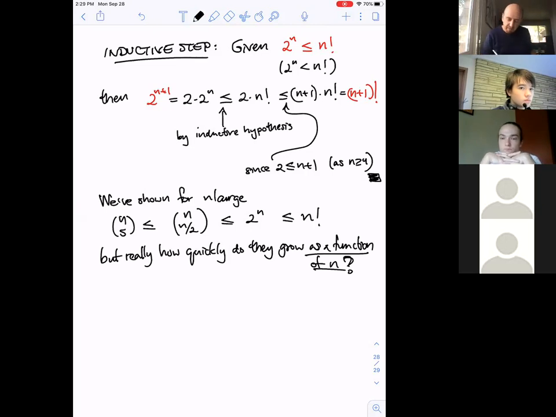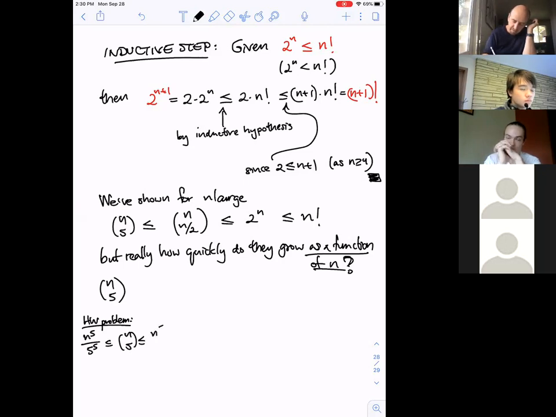So first of all, one of them is really on your homework. Let's start with the n choose 5, or this could have been any fixed k rather than k equals 5. You have a homework problem that says this thing is between n to the 5th over 5 to the 5th and n to the 5th over 5 factorial.